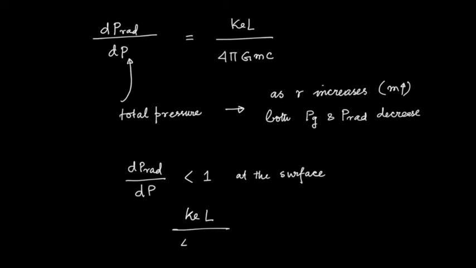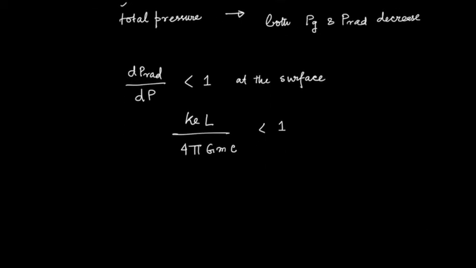Let me do it step by step. Kappa L by 4 pi G M c, which is the right hand side, should be less than 1. At the surface, L is the luminosity of the star. That has to be less than 4 pi G M c by kappa. So this M at the surface is obviously the mass of the star.